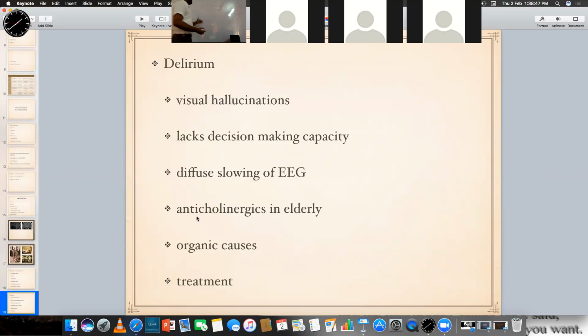Apart from M receptors, it also acts on H1 receptors. So it's anti-M and anti-H1 and in some cases, serotonin and alpha-1 sometimes.